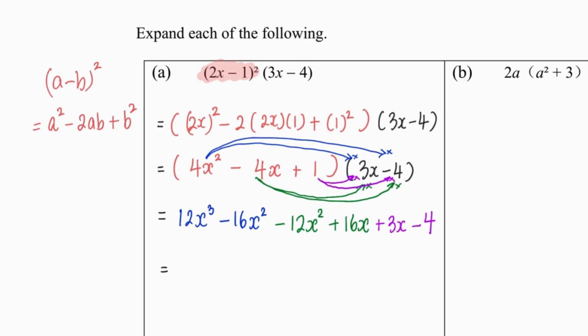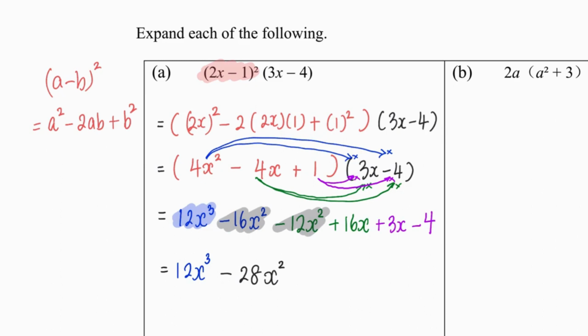Last but not least, to ensure that we continue to simplify any like terms, so here we will have 12x cubed. That's the only term for x cubed. Negative 16x squared and negative 12x squared, negative 28x squared.